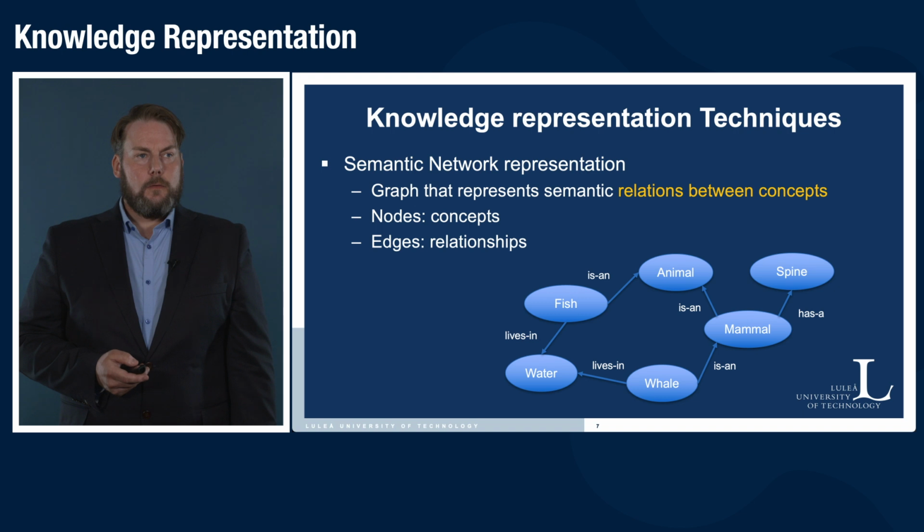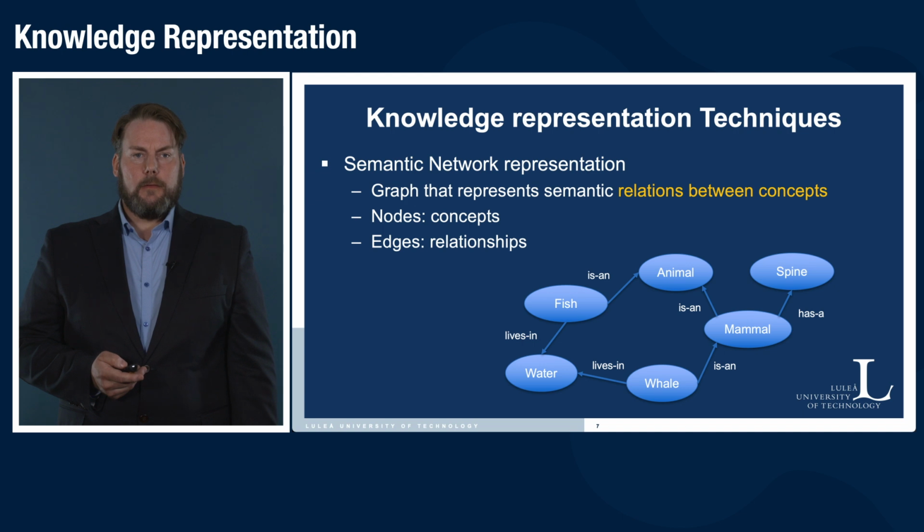Another technique is to use a semantic network representation. And the semantic network is a graph that represents semantic relations between concepts. So the nodes in this graph are the concepts, and the edges are the relationships between the concepts. And you can see an example here of a mammal.